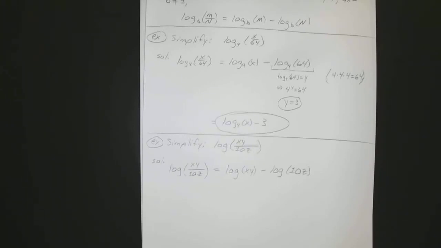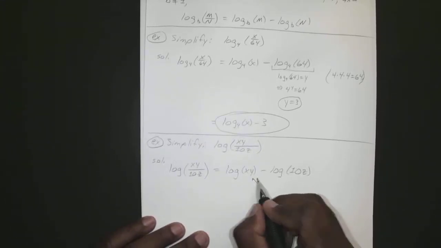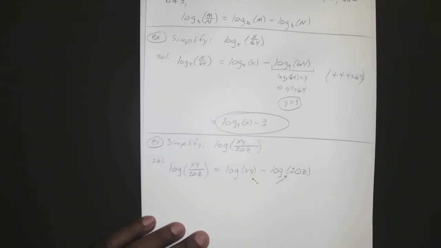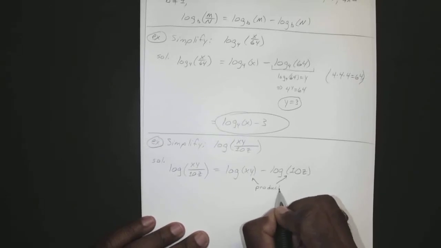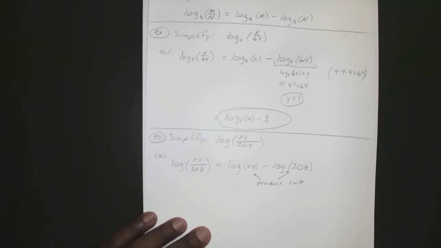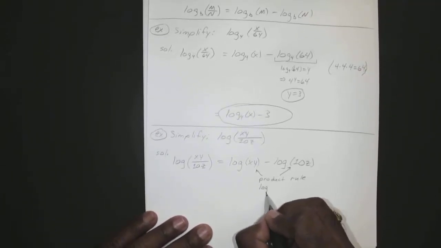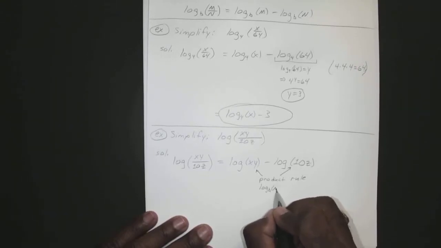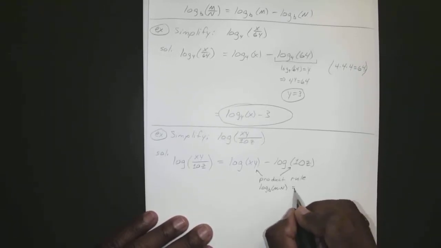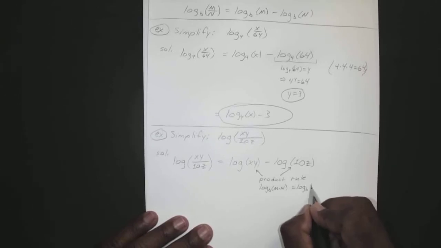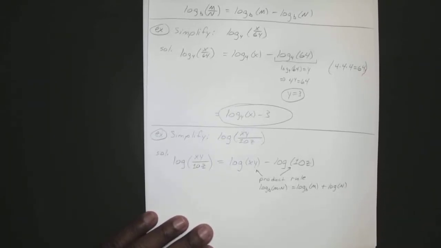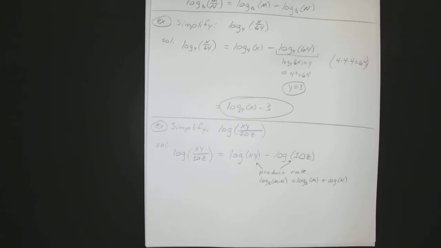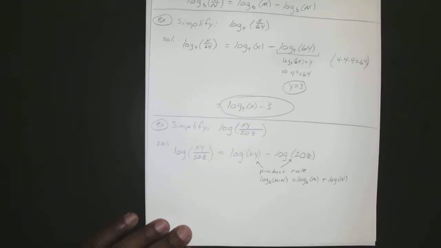Because now once we did that, we still have two logarithms that could use the product rule. If you remember that, that's log of m times n equals log of m plus log of n. Okay? So actually both of those can be simplified a little bit more.